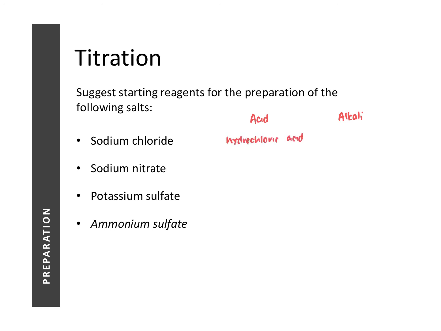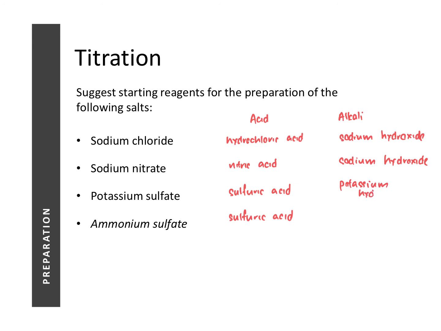For sodium nitrate, nitric acid, potassium sulfate, sulfuric acid, and lastly ammonium sulfate, again sulfuric acid. The alkali for sodium chloride we have seen is sodium hydroxide, for sodium nitrate, again sodium hydroxide, and for potassium sulfate, potassium hydroxide.